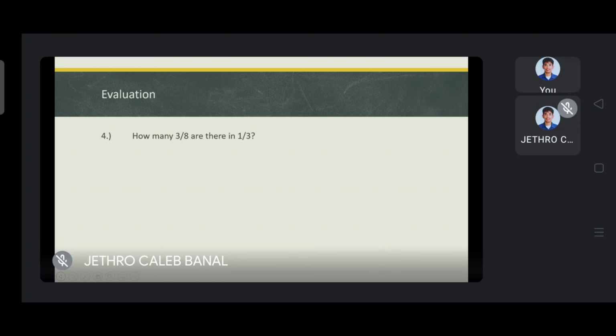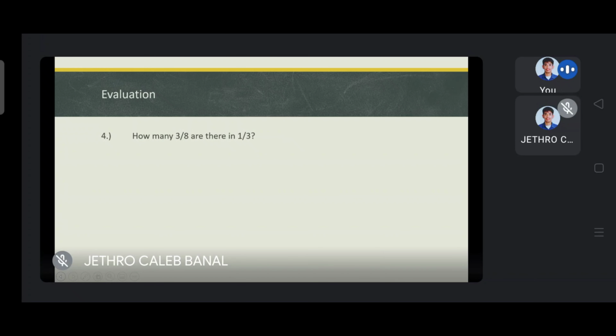Okay. Let's proceed to the one of the last number, the number 4. How many 3/8 are there in 1/3? Now, sir, wala namang hinahanap na variable. Take note. Ang variable dyan is yung final answer natin. So, paano nga ba tayo nagde-divide ng fraction?